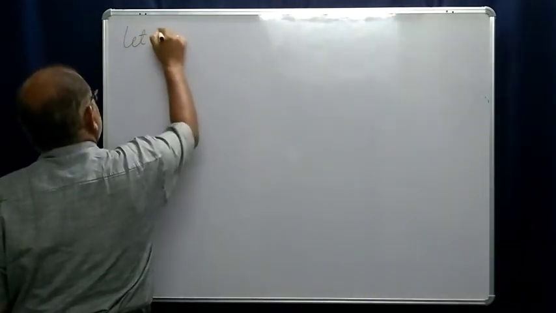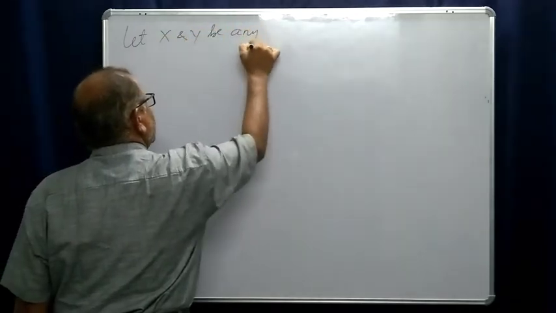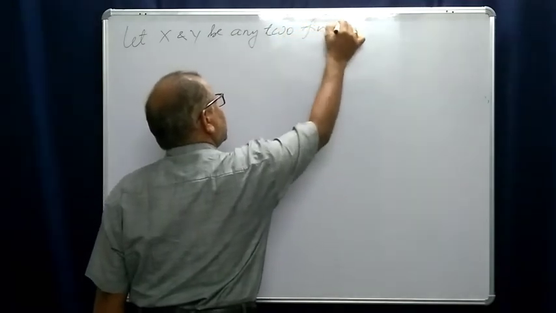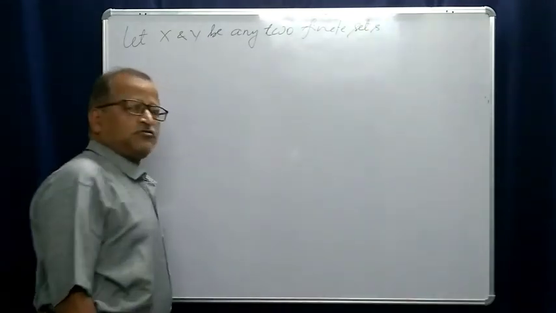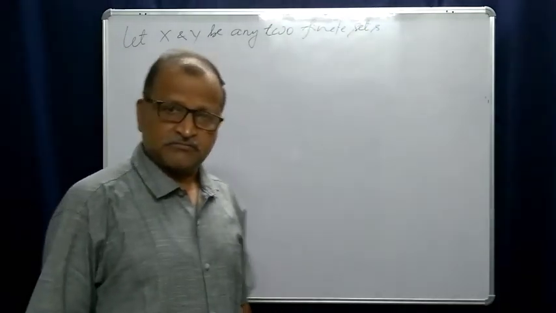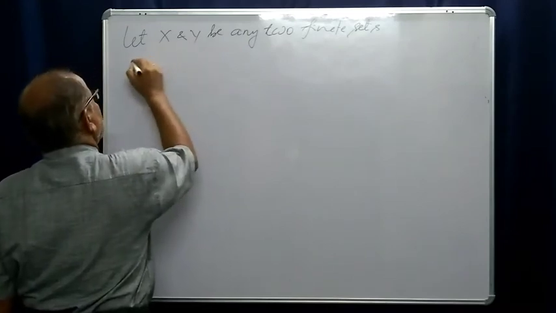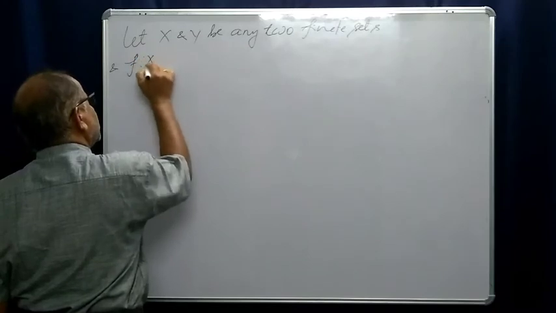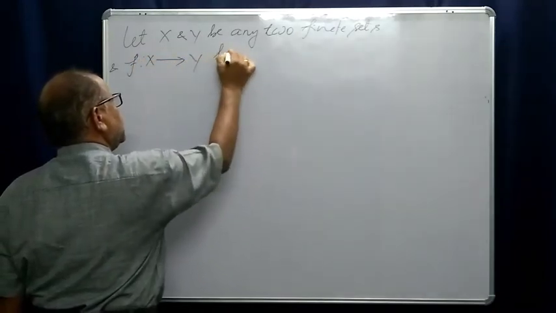Suppose let x and y be any two finite sets. These are two finite sets. And f is a function from x to y, and f is injective.